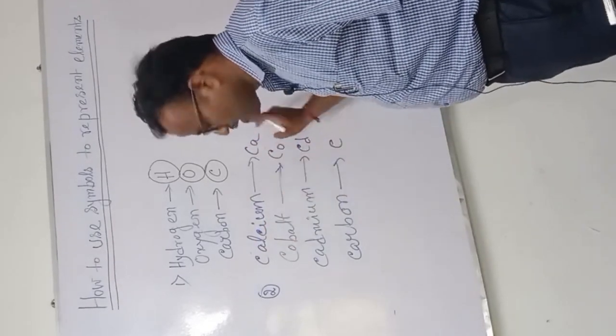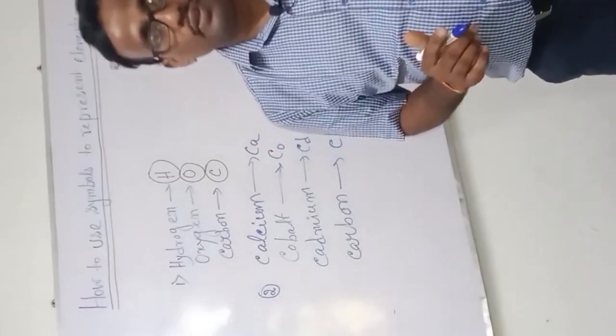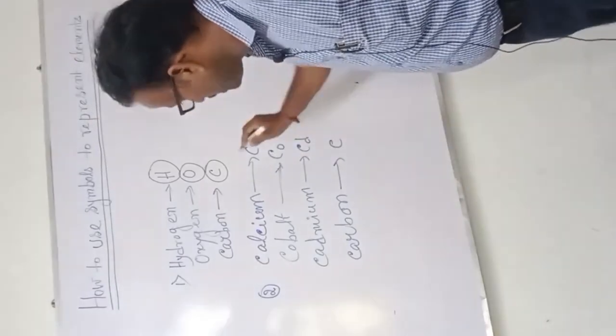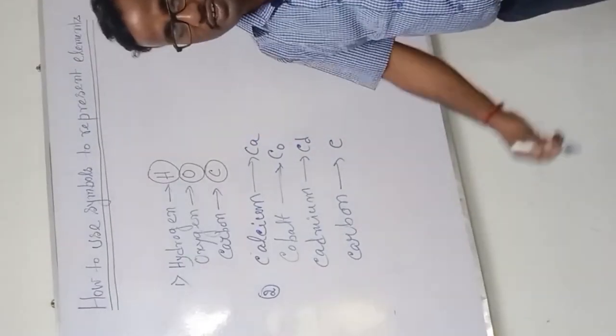First letter capital, second letter small, that is, symbolized by two letters.